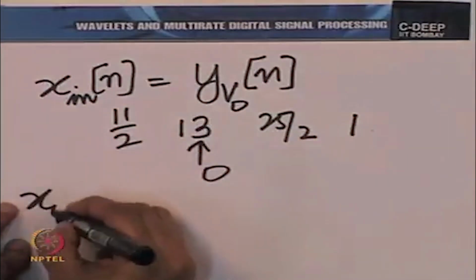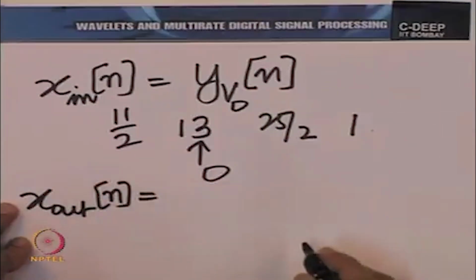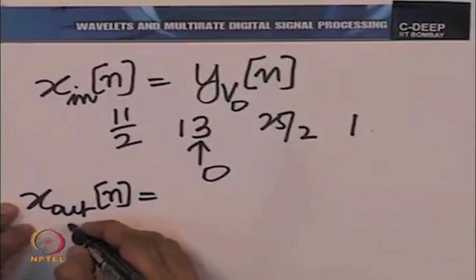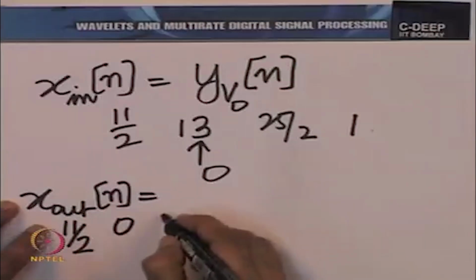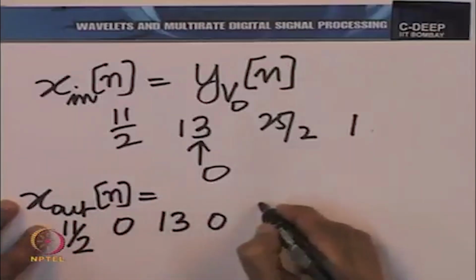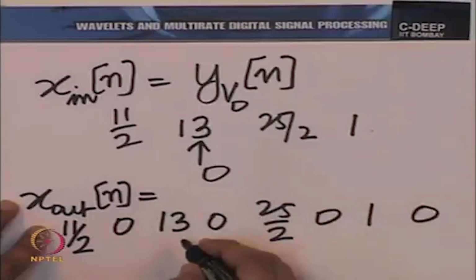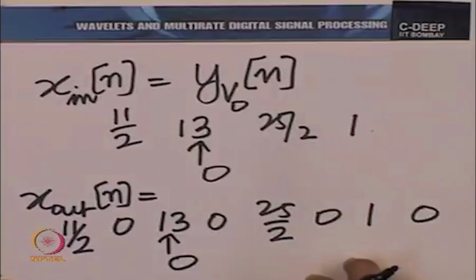What will x_out of n look like after upsampling by a factor of 2? Firstly, it will have 8 locations. So, it will be 11 by 2, then 0, 13 and then 0, 25 by 2 and 0 and 1 and 0. And 13 would of course come back to 0. So, this is how the up 2 sequence looks for the sequence yv0.